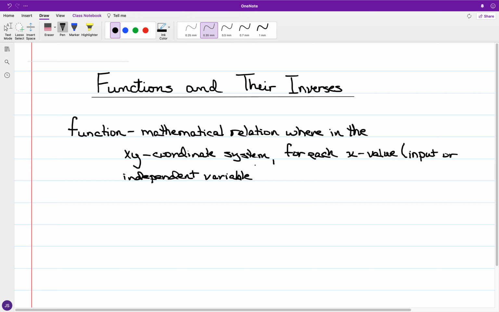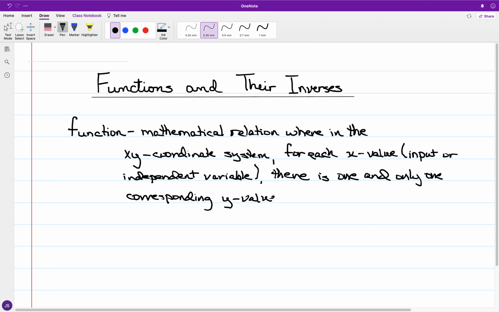For each x value, there is one and only one corresponding y value. And again, y is going to be the output or dependent variable.